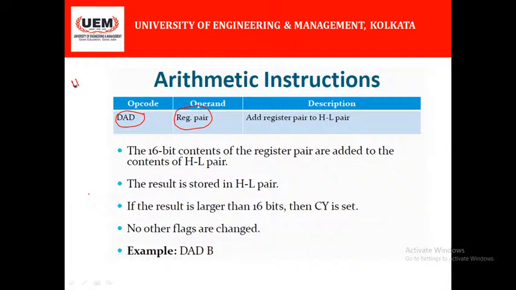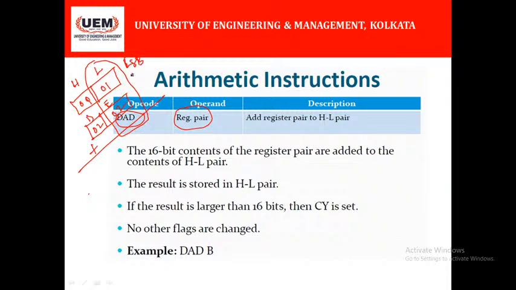For example, suppose the value of the HL register pair is 0101, and the value of the DE register pair is 0202. What we are doing basically here is adding the content of L and E first, that is the least significant register bits.